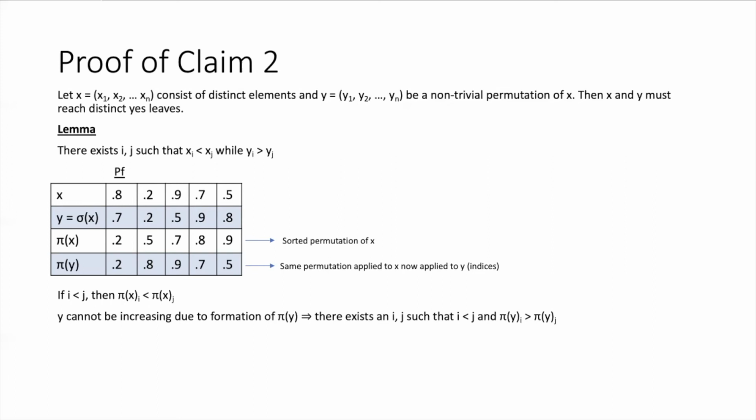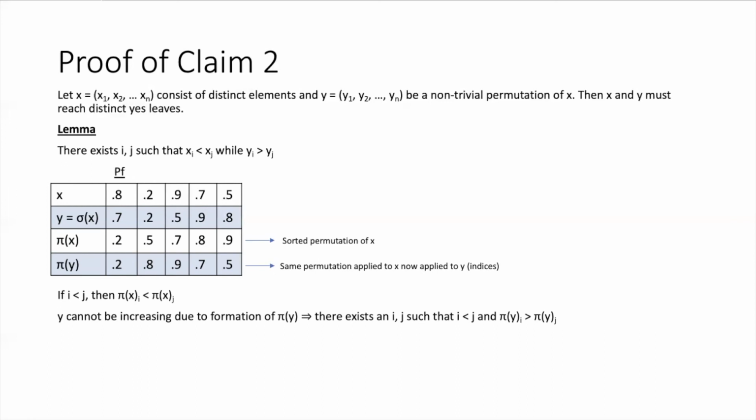We rearranged the indices of x to give us a sorted permutation, but if we apply that same thing to y, y can't be increasing, because we specifically applied the increasing to x. It just can't be increasing because of how we took the rearrangement.